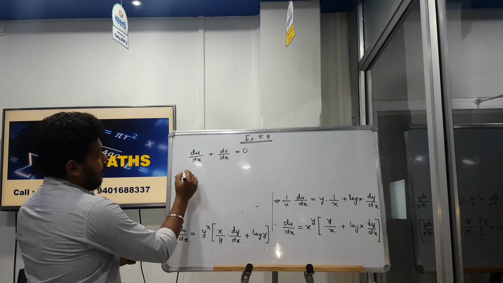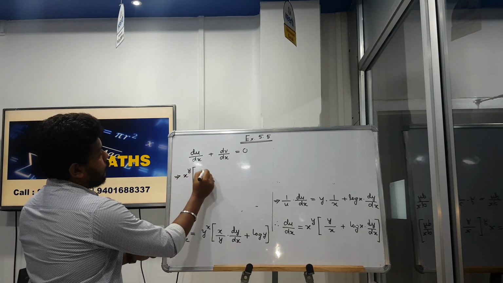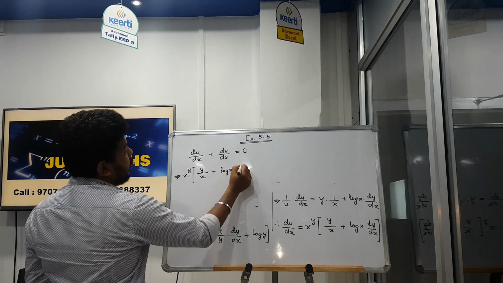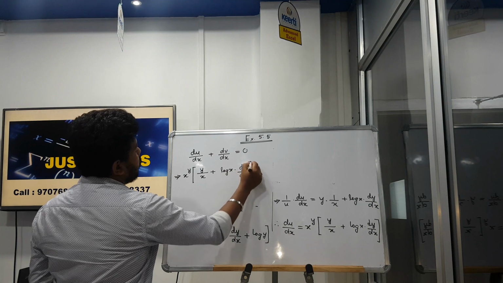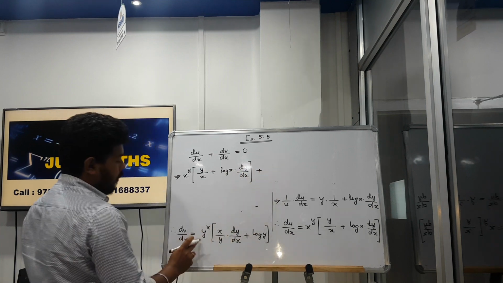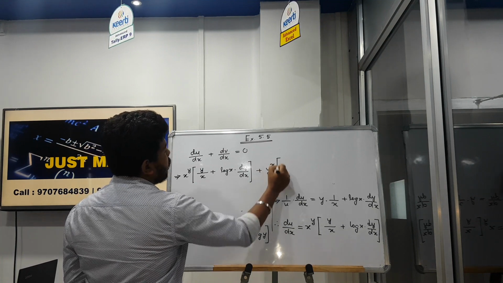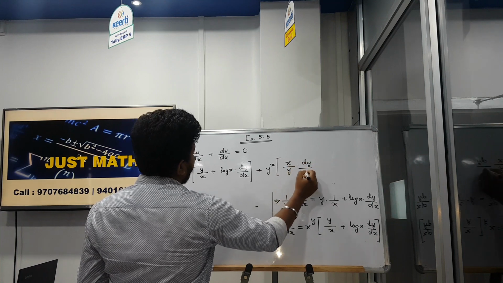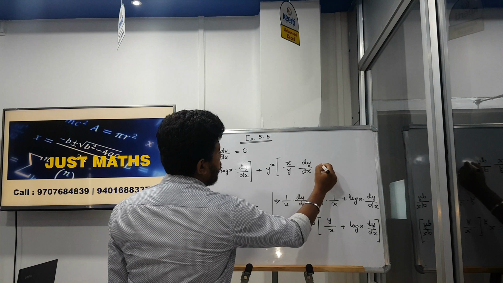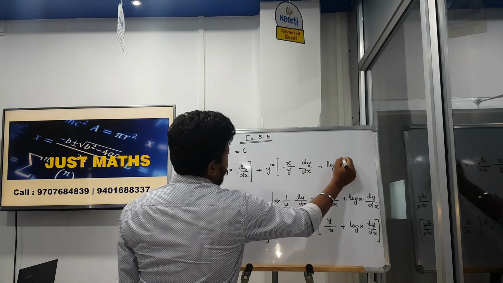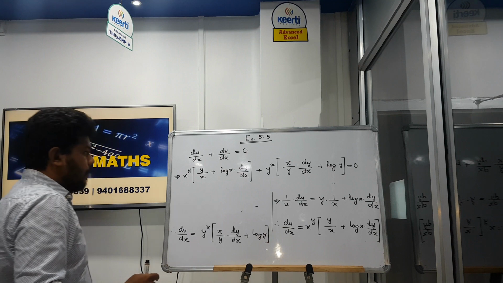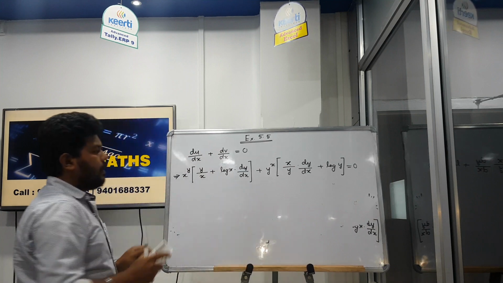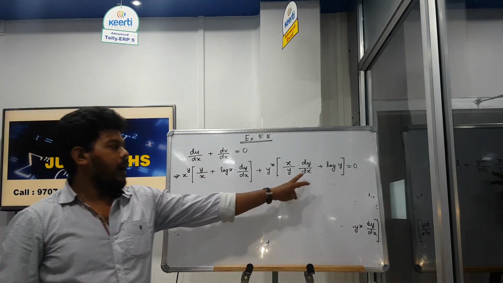It will be x to the power y into y by x plus log x into dy by dx, plus y to the power x into x by y dy by dx plus log y is equal to 0. Now collect all the terms involving dy by dx. Here the term contains a dy by dx, another one is here.